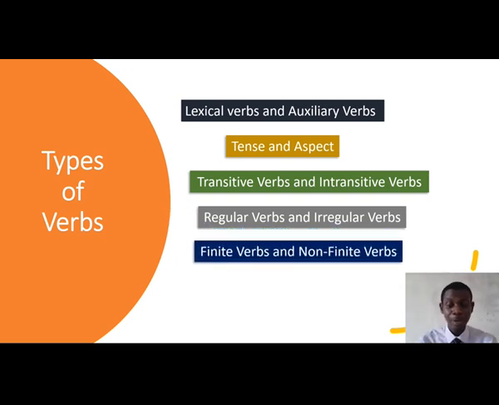We want to look at finite verbs and non-finite verbs because this is the particular thing that separates a phrase from a clause. So let's go into it now. What are finite verbs and what are non-finite verbs? And once we establish this one, it will be easier for us to define a phrase, define a clause, and go into types of phrases and types of clauses. So let's move on.